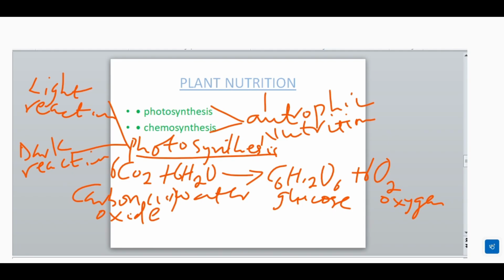These are the two stages of photosynthesis. The light reaction stage is also known as the light dependent stage, and the dark reaction stage is known as the light independent stage, what we call the Calvin cycle.